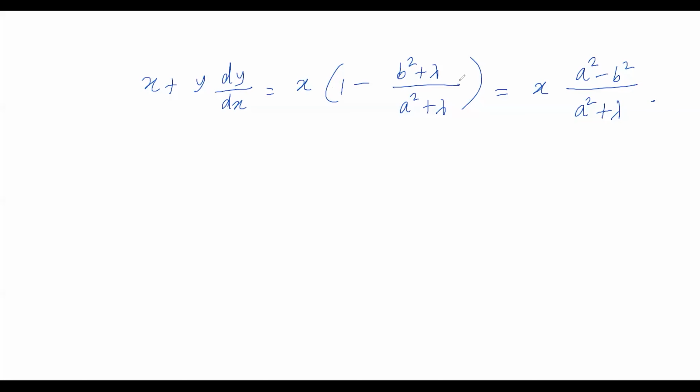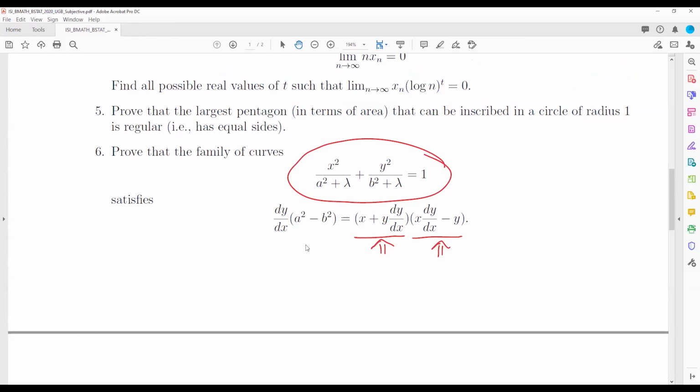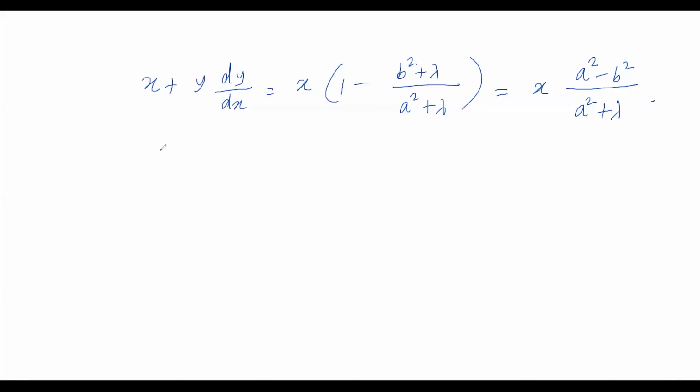Now we have calculated this part. Now let's see what the other part was. The other part was x dy by dx minus y. So for that part, we'll just manipulate this. Since we know y dy by dx, let's divide by y.